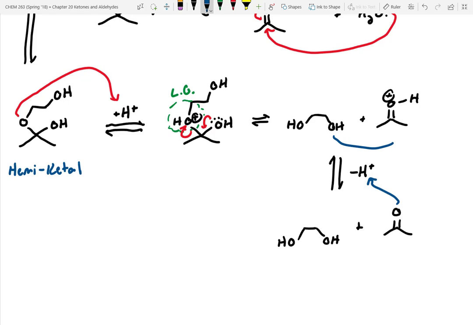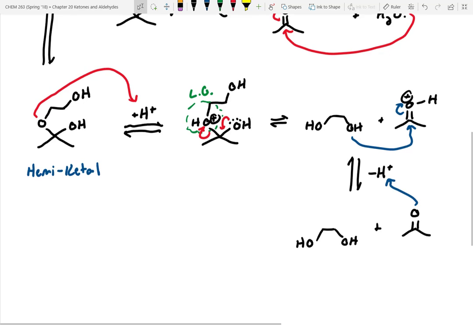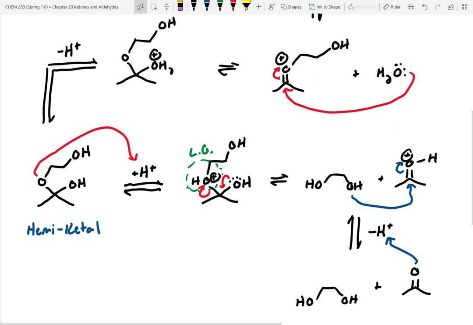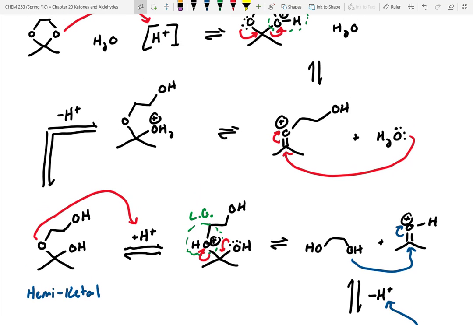Second step, this can attack in, kick up electrons. That gets us to the same intermediate. And then in the next one, it's just a proton transfer, so we don't even need to draw an arrow. We're just deprotonating it at that point. And then in the next one, it's also a proton transfer, so we don't need to draw an arrow.